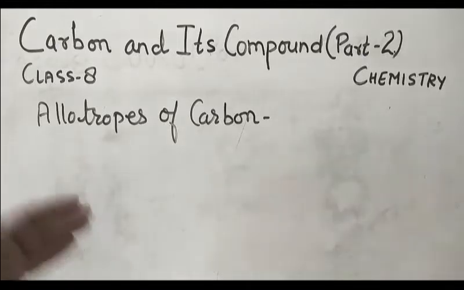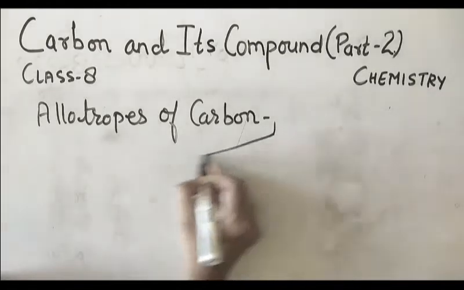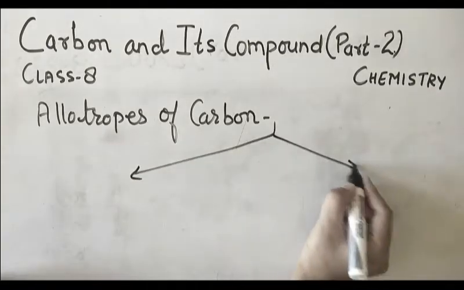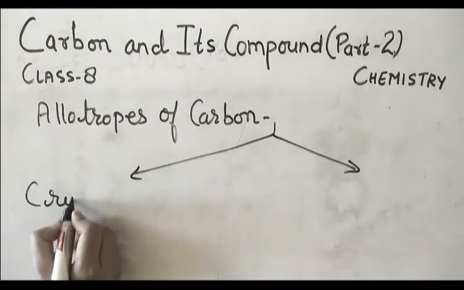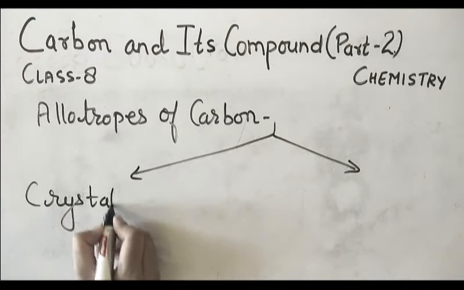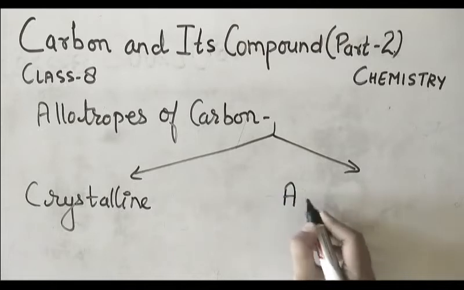Carbon's allotropes are divided into two categories. The first category is the crystalline form and the second category is the amorphous form.